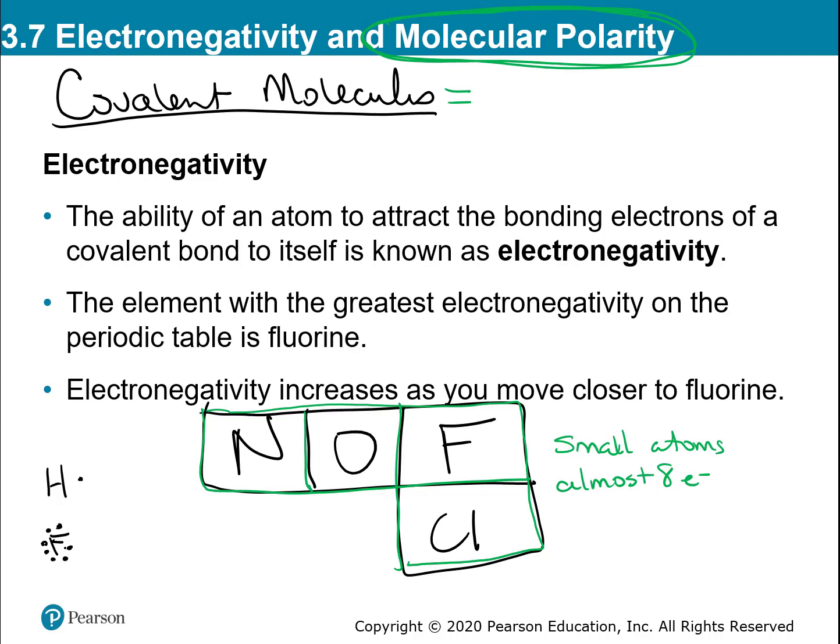And that is why it pulls or holds its electrons tighter. So because it only needs 1 electron, it holds its electron tighter and it's not going to share with other atoms unless they're also electronegative.